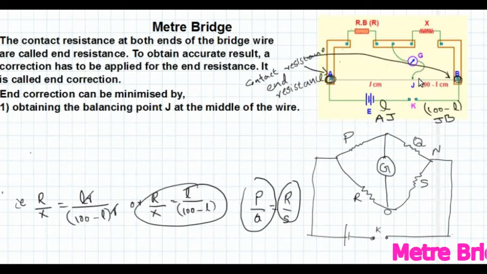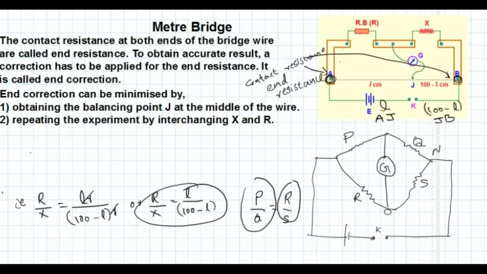So we are moving this jockey over the wire in order to vary the current through the galvanometer and to make it 0. And if it is attained at the middle of the wire, then there will be minimum end correction. I will show the actual picture of a meter bridge at the end of this session.